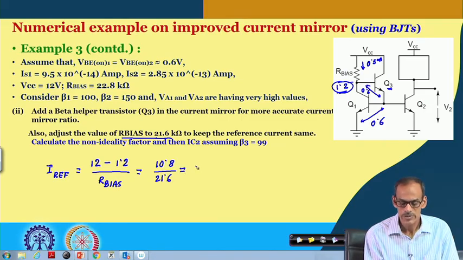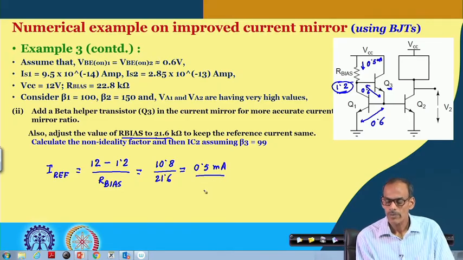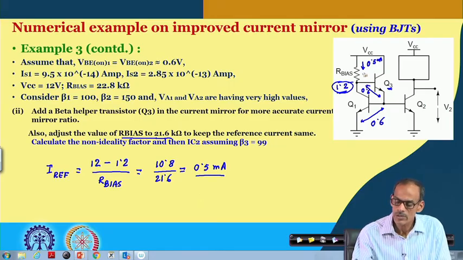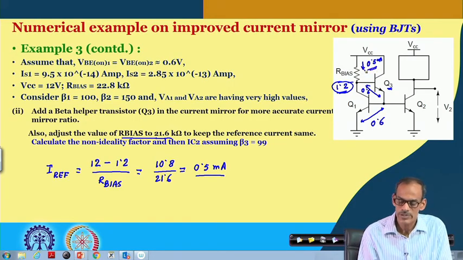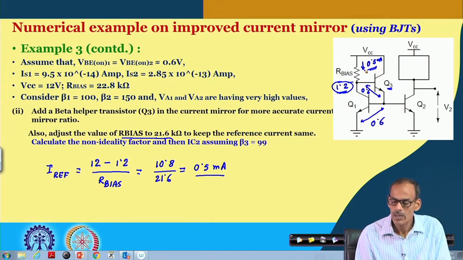That gives us 0.5 milliampere. For a better comparison, we are keeping this reference current the same as the previous case, and then we can calculate the corresponding non-ideality factor.